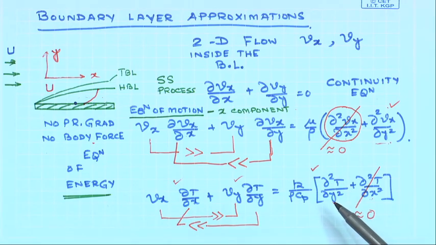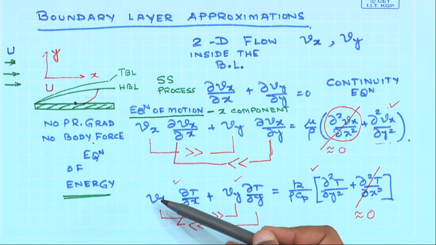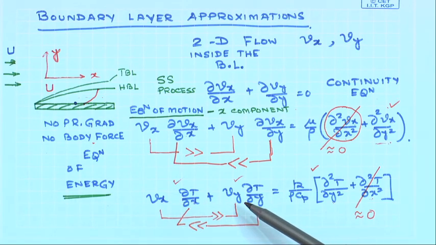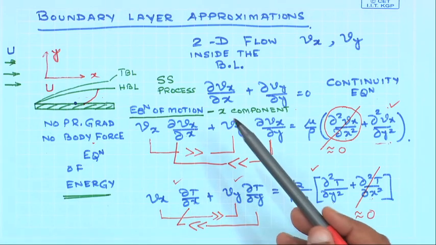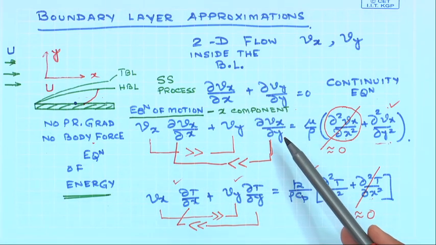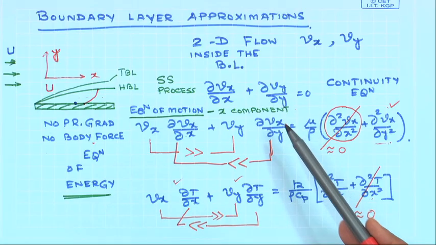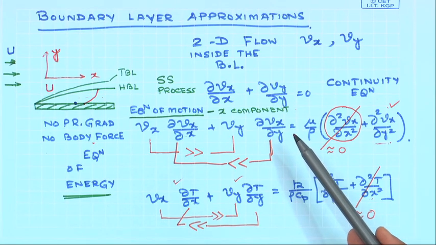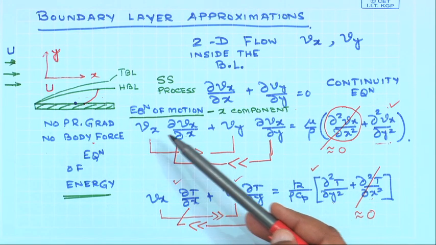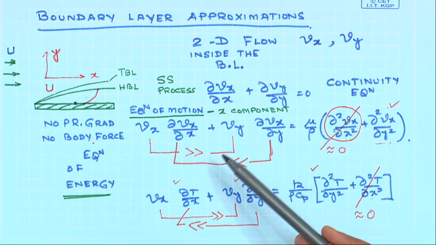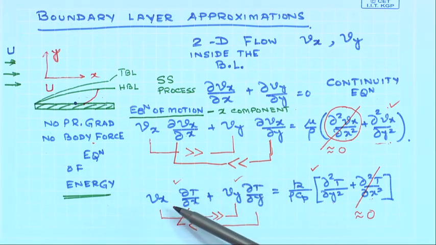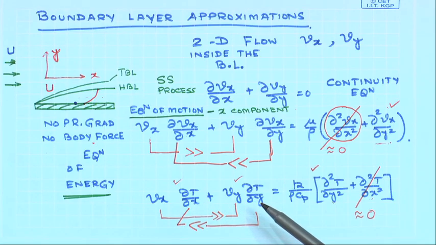But if you look at the energy equation which we are going to solve in order to obtain an expression of Nusselt number, that is what our aim is. The presence of Vx and Vy tells us that we need to solve these two equations first, equation of continuity and equation of motion, in order to obtain expressions of Vx and Vy which could then be substituted in here, and then this equation can be solved to obtain T as a function of x and y.